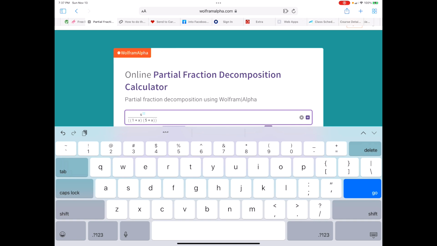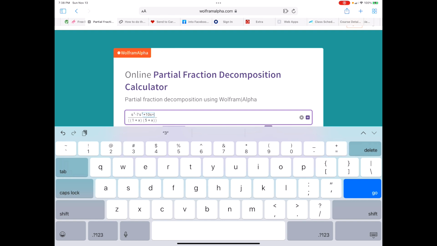We have s cubed minus 7s squared plus 10s plus 30.